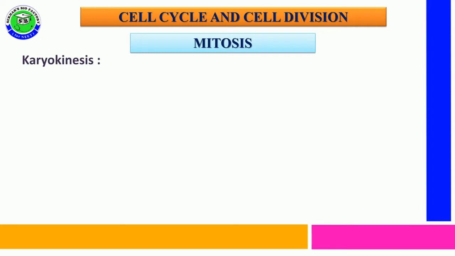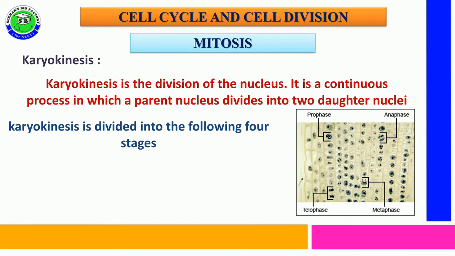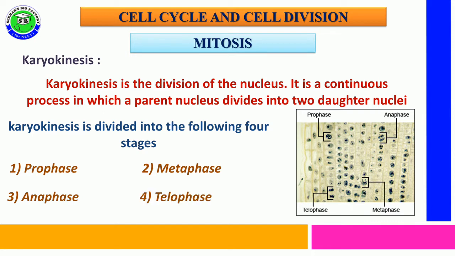In karyokinesis, the nucleus divides into two daughter nuclei. During this process, all changes occur continually to form two daughter nuclei. These changes in karyokinesis are further classified into four stages: the first stage is prophase, the second is metaphase, the third is anaphase, and the fourth is telophase.